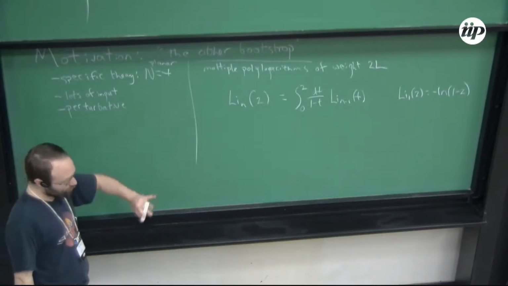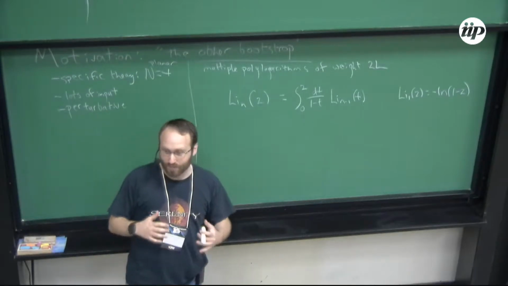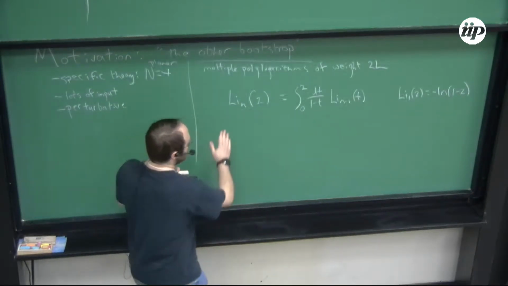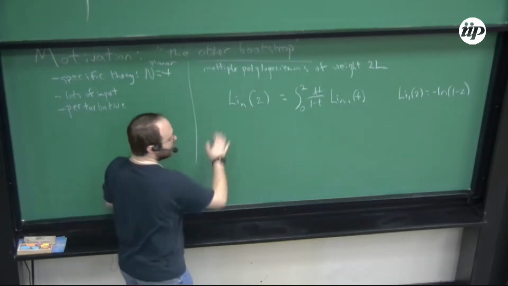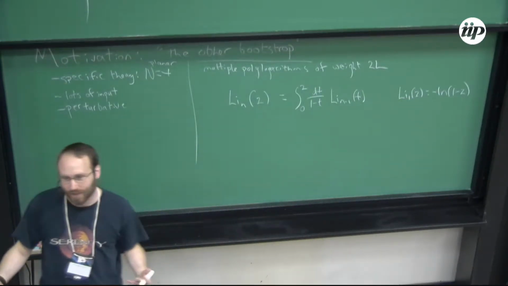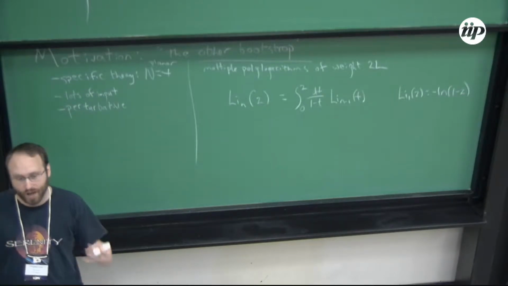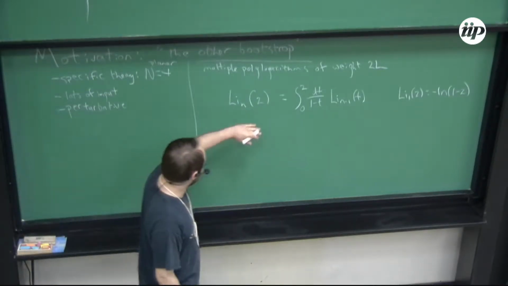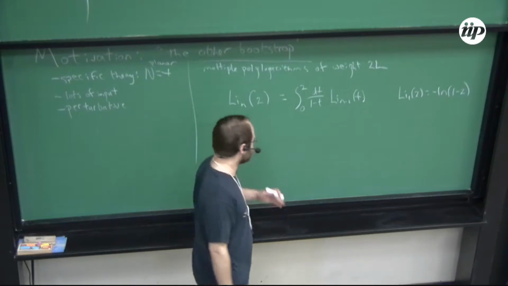Multiple polylogarithms are a generalization of this, where now it can depend on more variables. So the idea here, this n is what we call the weight of this function, the transcendental weight. Essentially, it's counting powers of pi, or it's counting number of integrations.